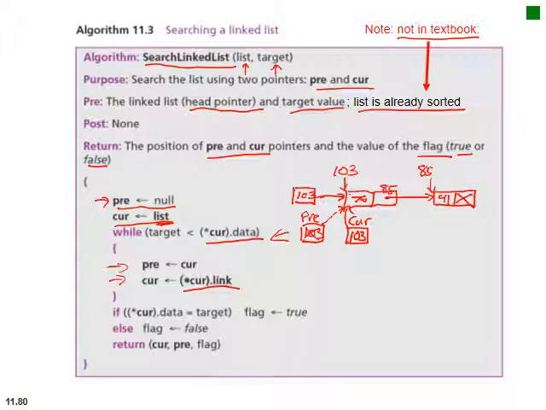And now current needs to advance to that one over there, and that means current's address, or the value in current, needs to be the same as what current is currently pointing to. It's this one, its pointer value, and that has the value of 85. So therefore current now gets the value of 85, which means now it is pointing to the correct address, which is the next node.